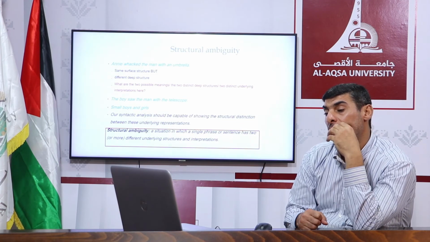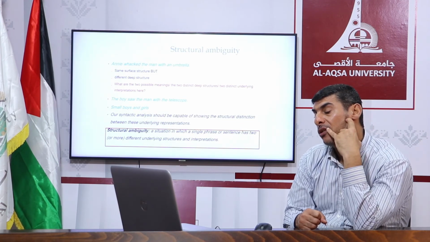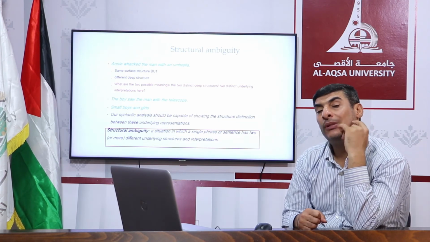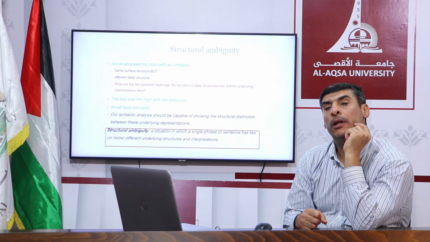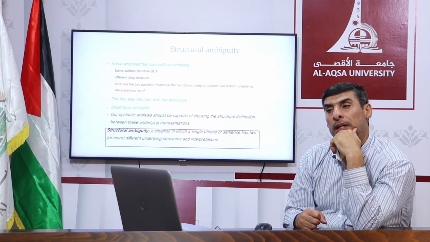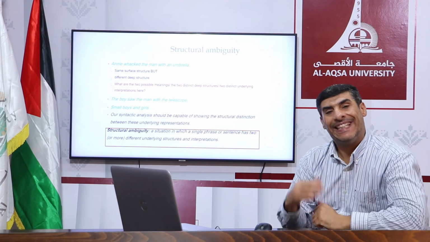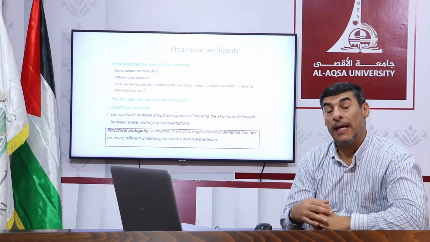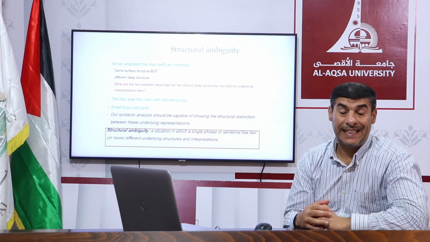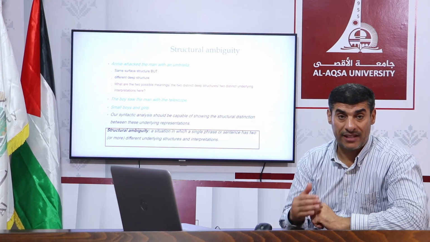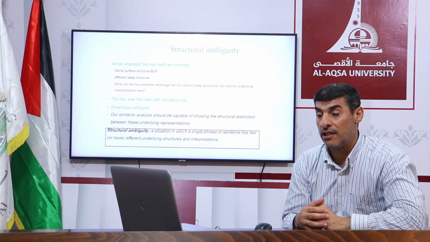So if I want to say the boy saw the man who had the telescope. Who had the telescope? Look, this is the deep structure of the sentence, and it has another interpretation or different meaning.